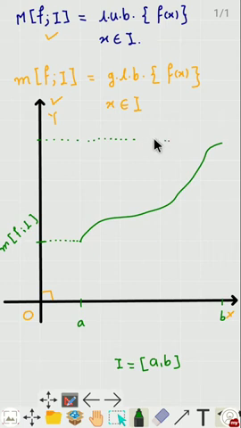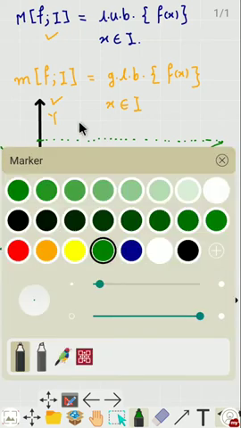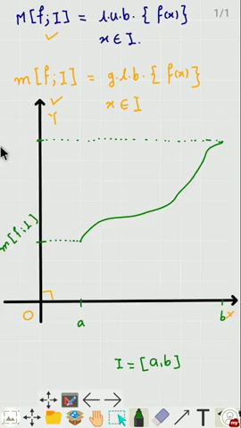You can find that by drawing one horizontal line from this point, and it crosses the y-axis here, and that number is nothing but the capital M of f; I.